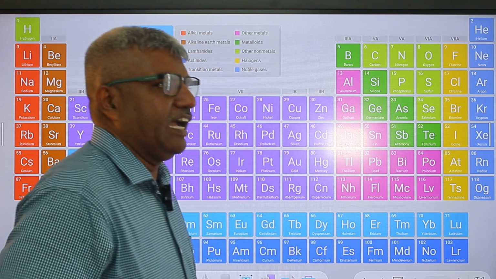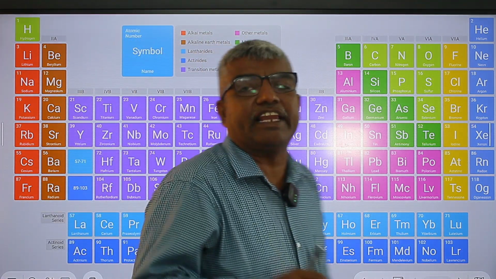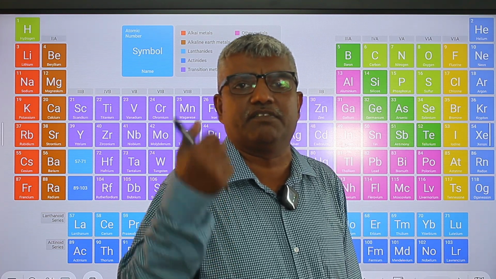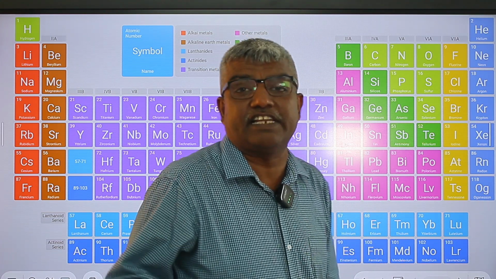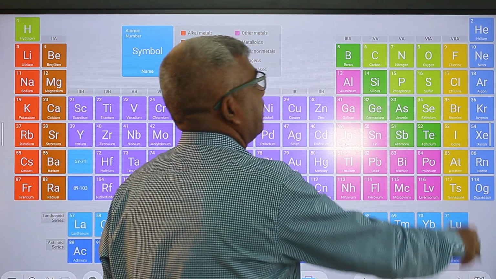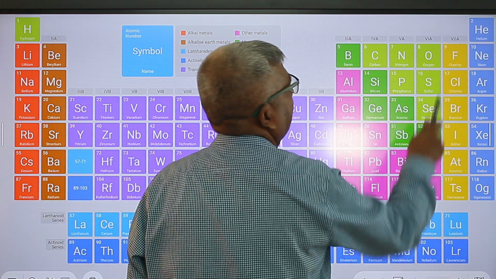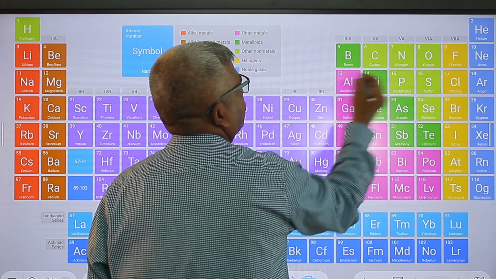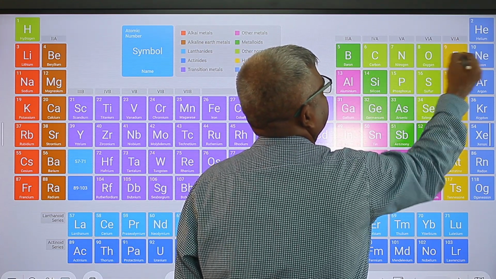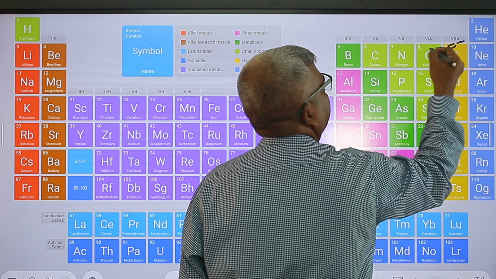For example, I will ask: isoelectronic with the neon atom, what are the other elements? What is isoelectronic? Having the same number of electrons as the neon atom. Neon has 10 electrons. Fluorine is 9, so F minus is 10.